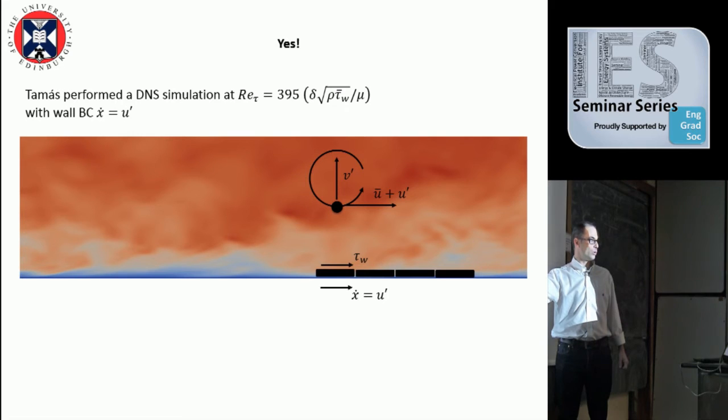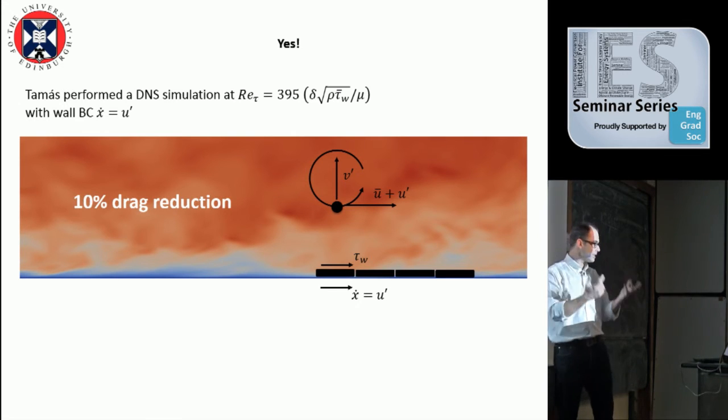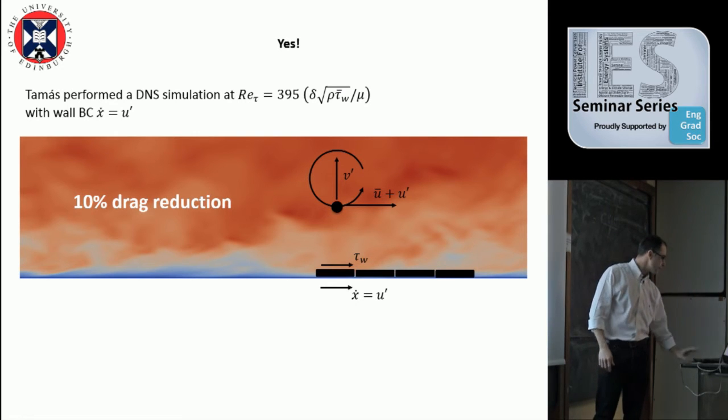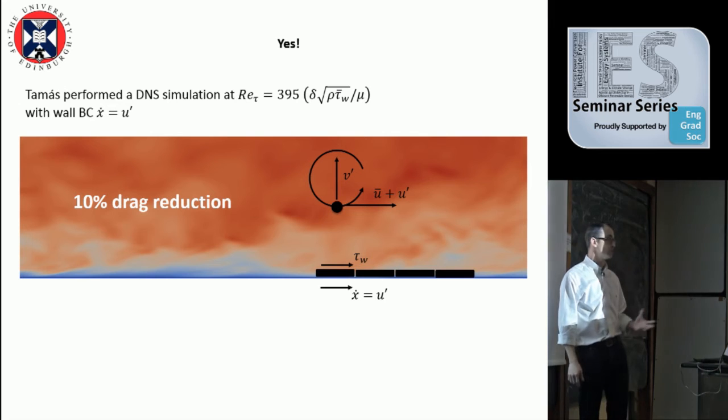So say, for instance, the flow is moving at 1 meter per second on average, and then for one instant it goes at 1.1 meters per second. Well, we take this block and we move it this way at a speed of 0.1 meters per second. We match the excess velocity. If we do so, what we find is 10% drag reduction, which is massive.